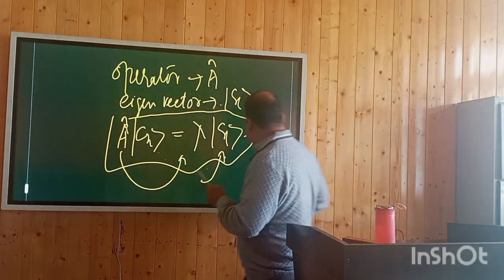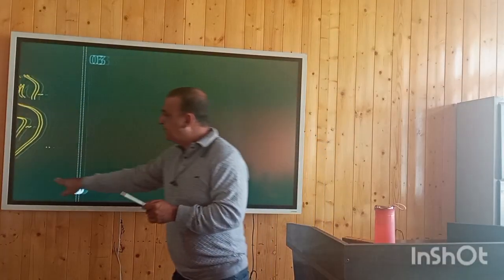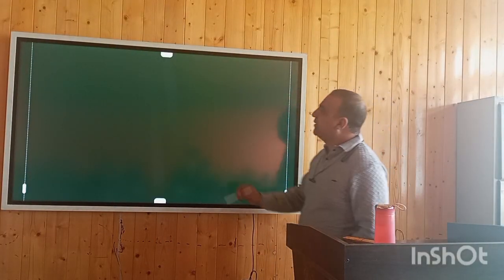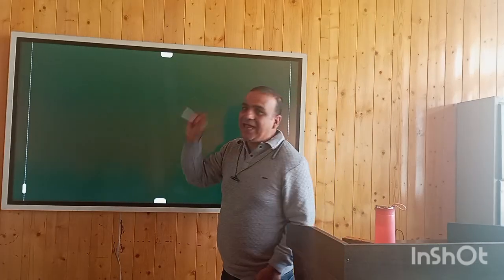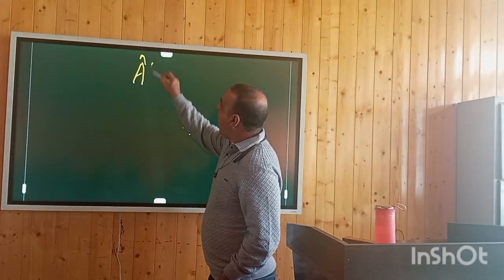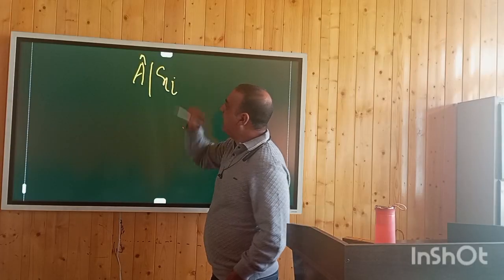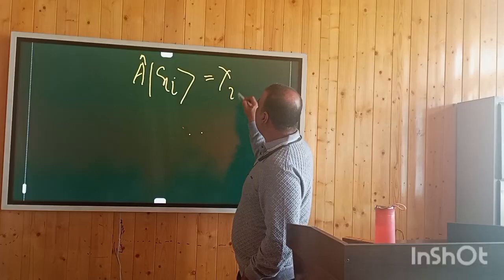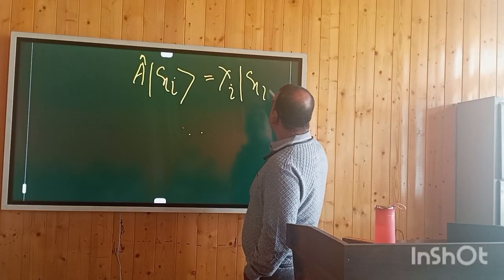Okay. So what can we expect now? This is our situation. Now, if I generalize this equation, I have an operator A acting on zeta i, and from this I obtain lambda i and zeta i.